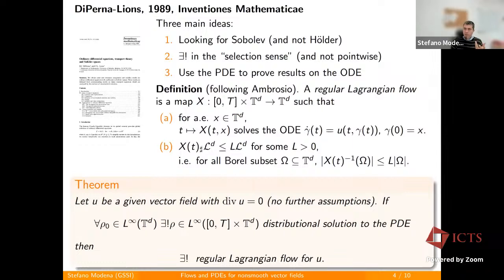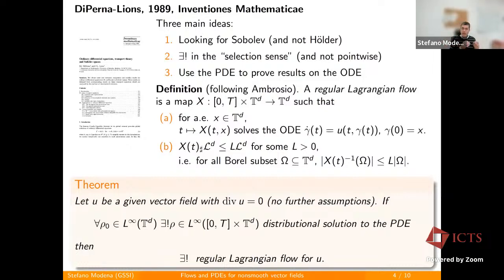So you see, this theorem is claiming essentially nothing concrete, but it's saying that if you have a vector field for which you can show something at the level of the PDE, then you can translate this information into an information for the ODE.